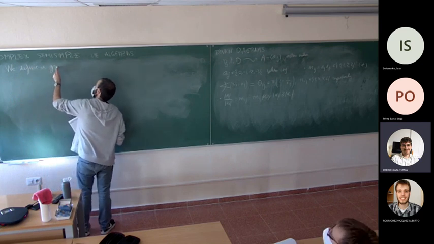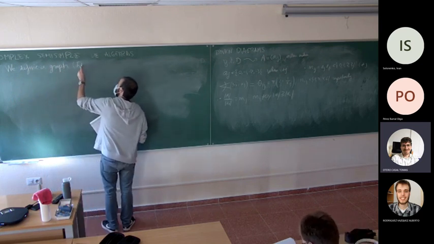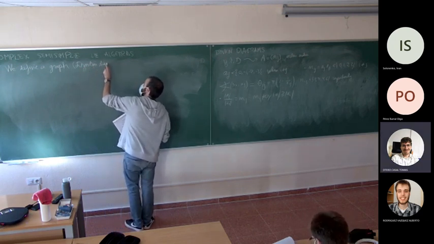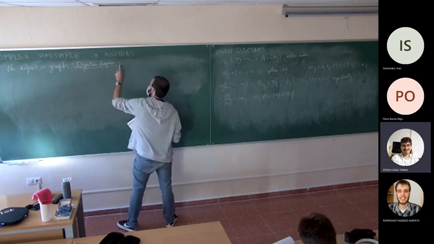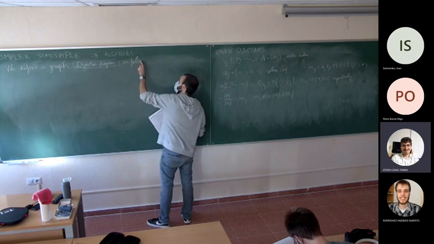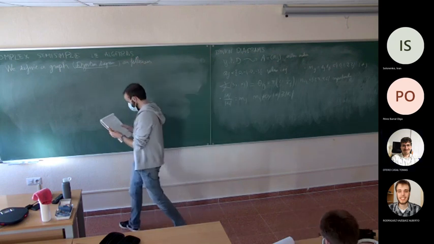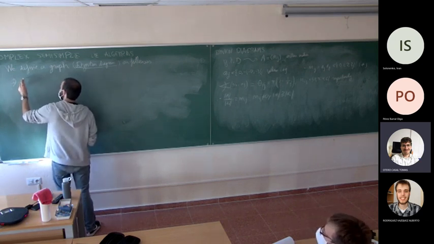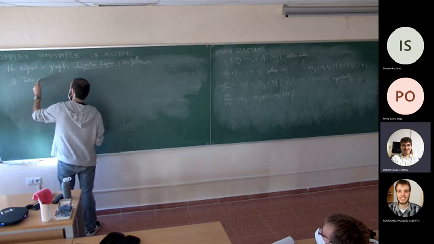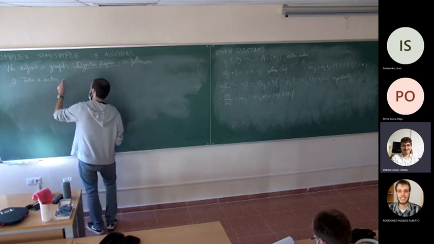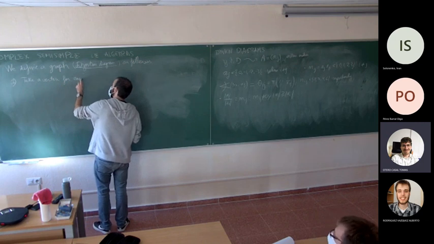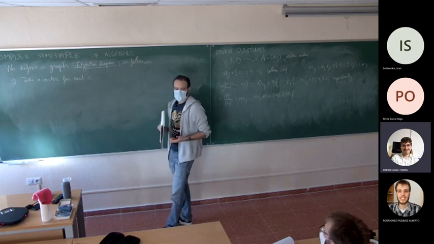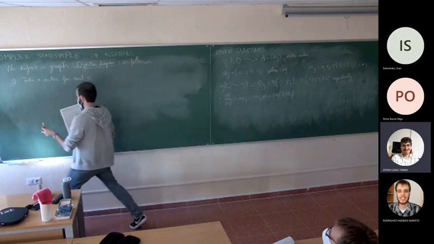Which is called the Dynkin diagram as follows. First, take a vertex for each simple root. So there are going to be as many vertices as the rank of the semisimple Lie algebra.